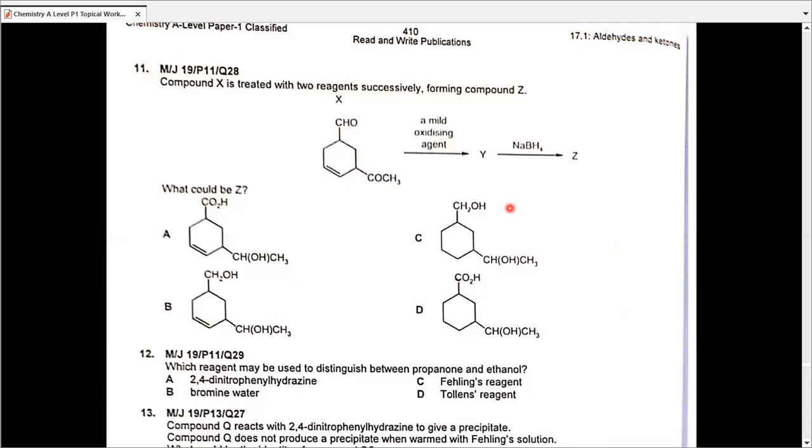Aldehydes get reduced to primary alcohols, right? Yes. And ketones to secondary alcohol. Right. So that should be beta then. Aldehyde will be.